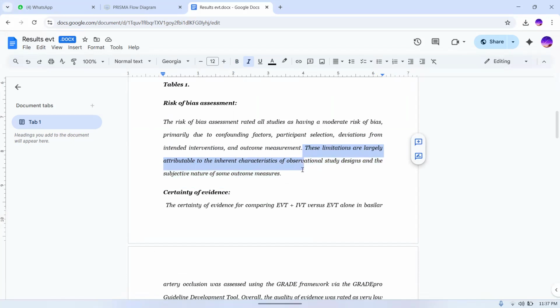Let's say in this risk of bias assessment the risk is coming high. So I have written that these limitations are largely due to the inherent characteristics of observational study design and the subjective nature of the outcome measurement. So if D1 of an RCT is coming high and you know the solid reason, you would write that these particular studies were rated as high risk, but it was due to the inherent nature of the intervention that concealment was not possible.